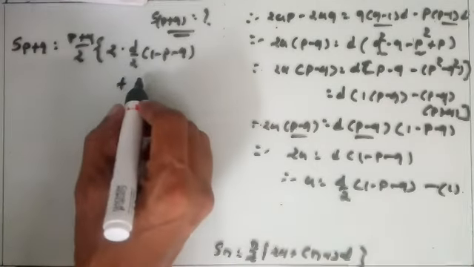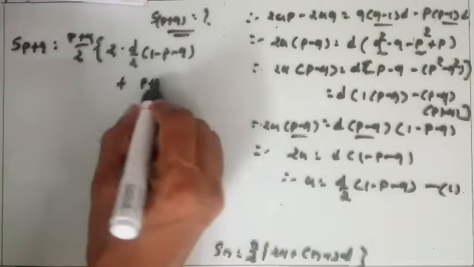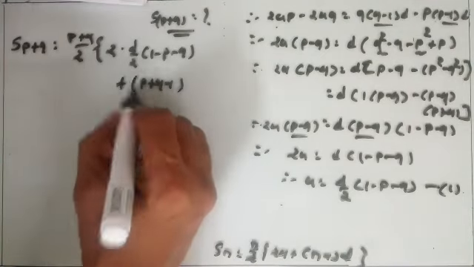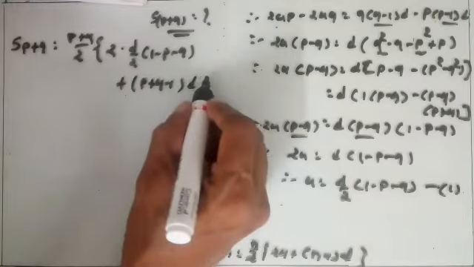Plus, here n is equal to P plus Q, so P plus Q minus 1 into D.